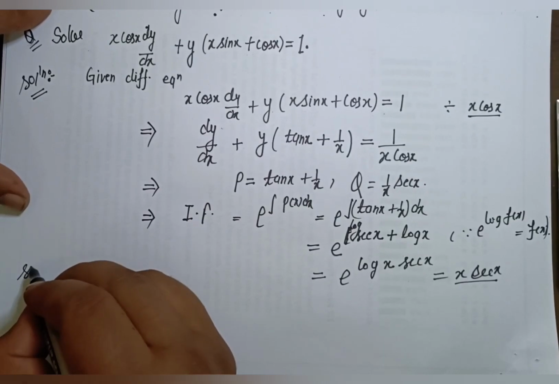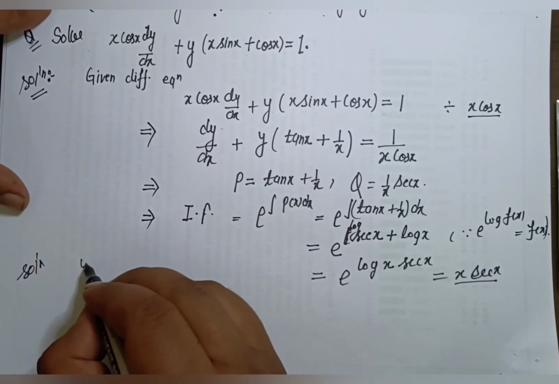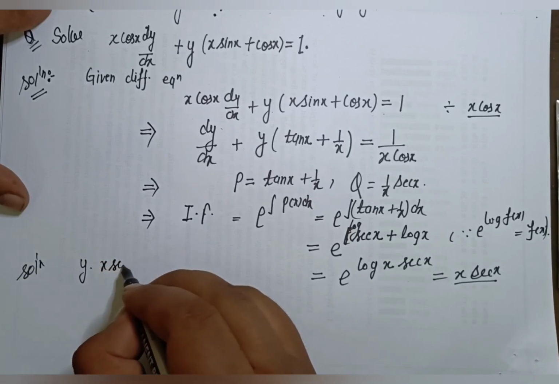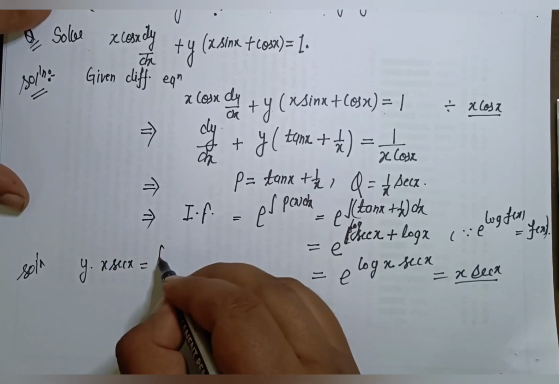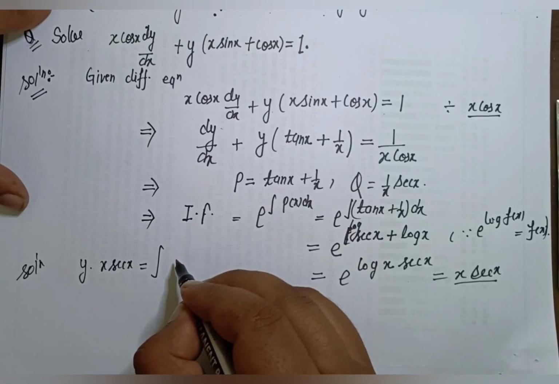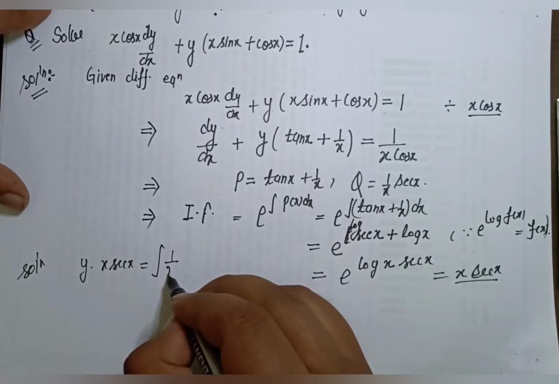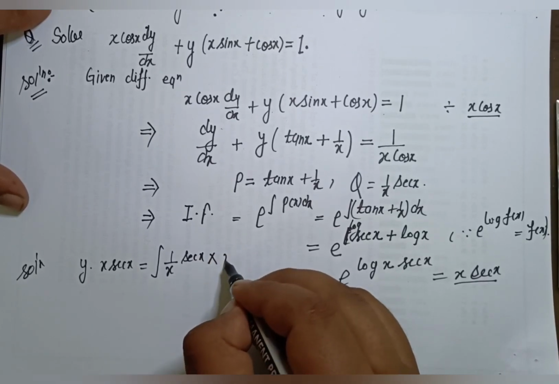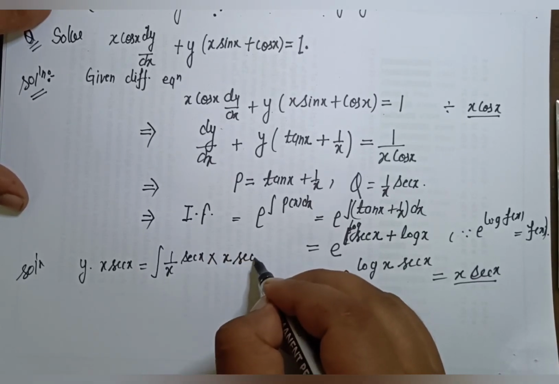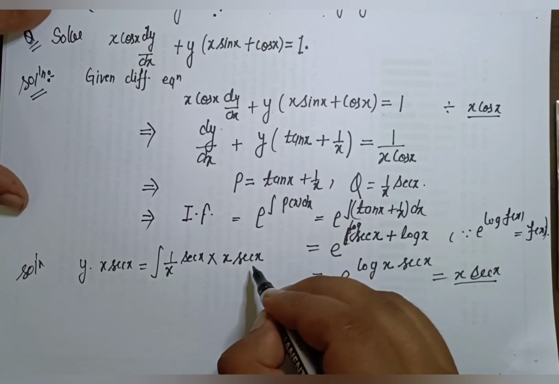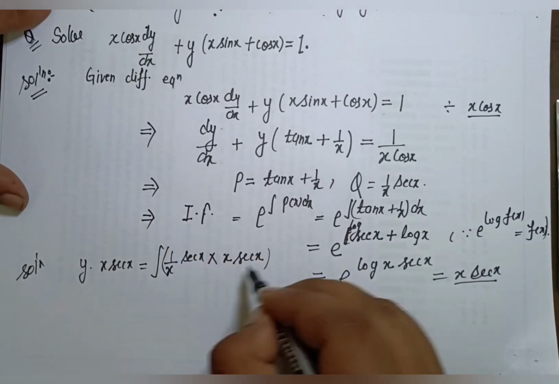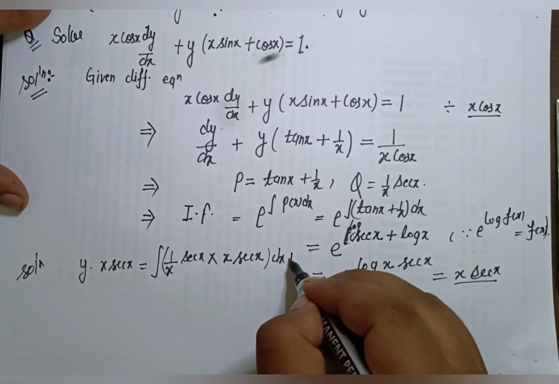What about the solution? The solution is y times the integrating factor, that is x sec x, equals the integration of Q times the integrating factor. Q is here 1 by x sec x, and the integrating factor is x sec x, dx and then plus c.